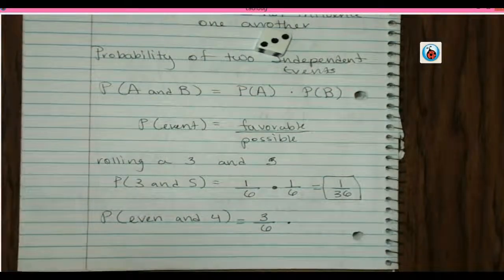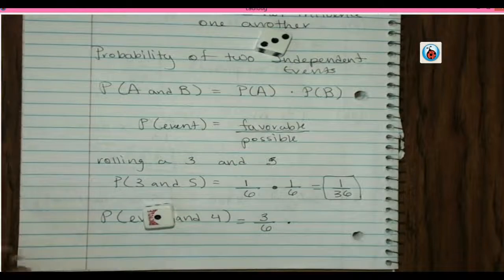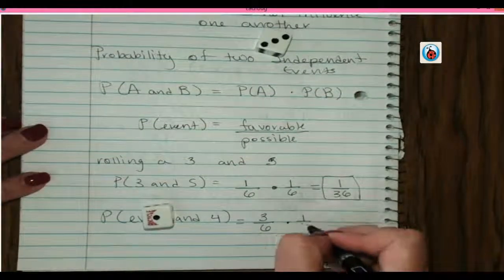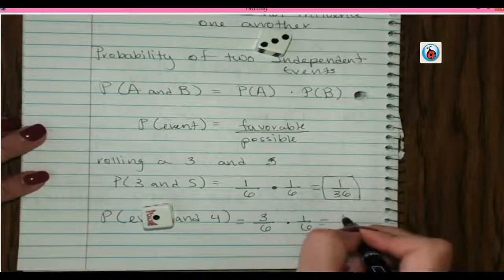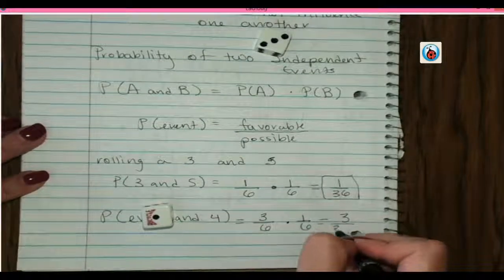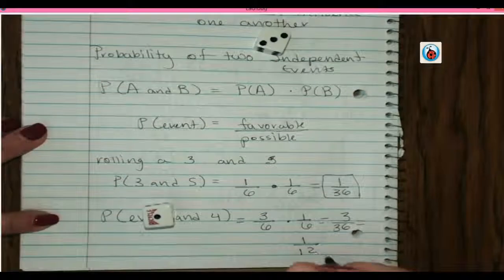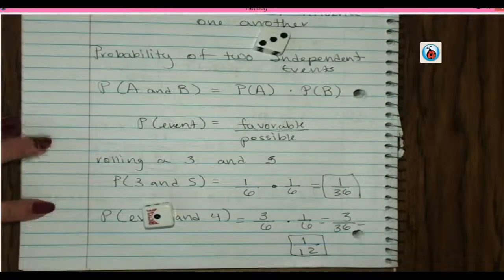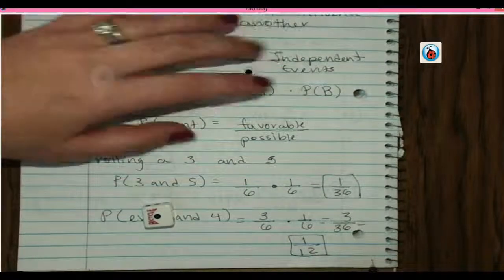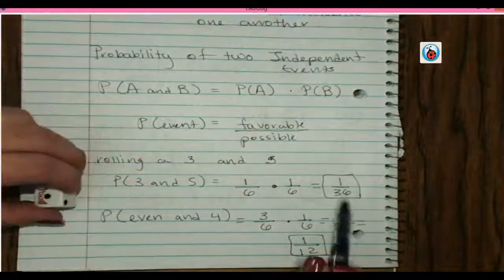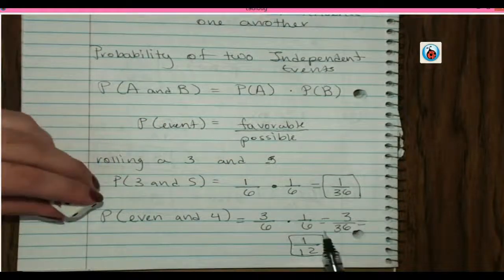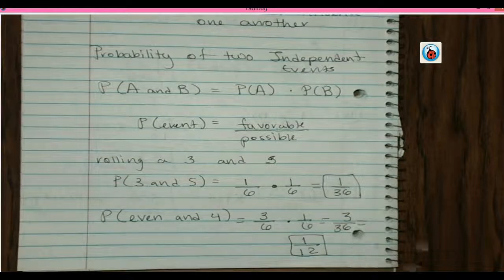What's the probability of rolling a 4? 1 out of 6. 3 times 1 is 3. 6 times 6 is 36. Can I simplify this? Yes. 1 over 12. Miss Andres, do you leave it as a fraction or just...? As a fraction is fine.